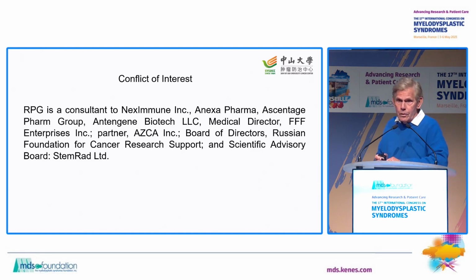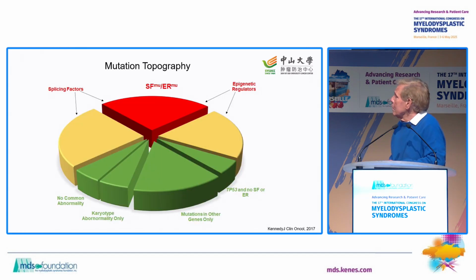These are our conflicts of interest. So this is the mutation topography, and I think all of you are aware of this. Splicing factor mutations and epigenetic regulators are the most common, but about 25% of patients have a co-mutation.